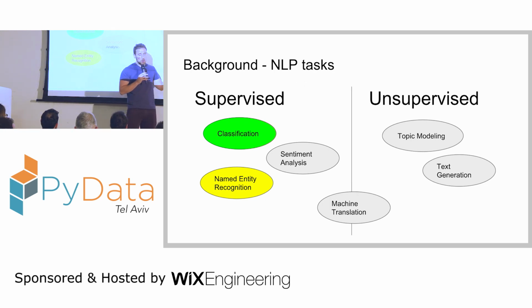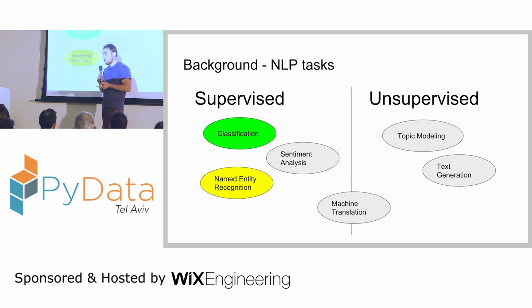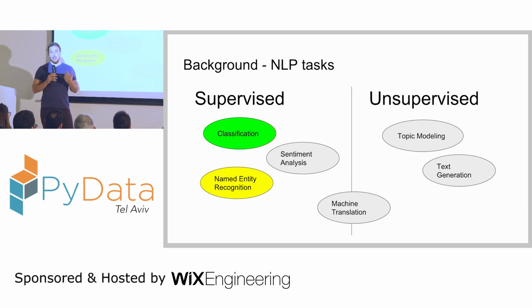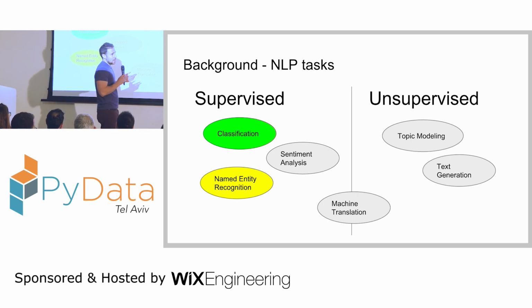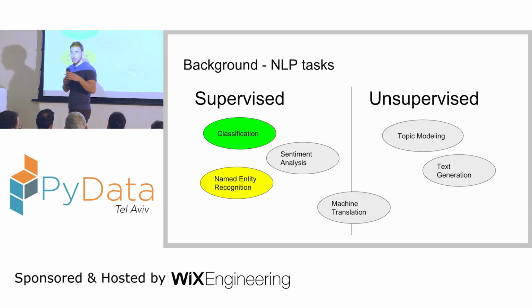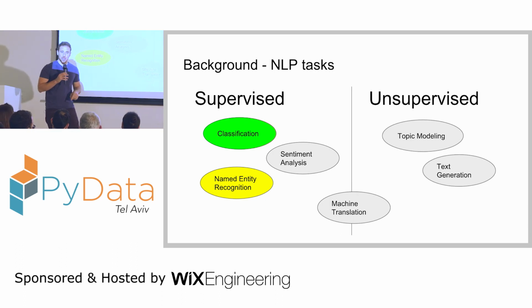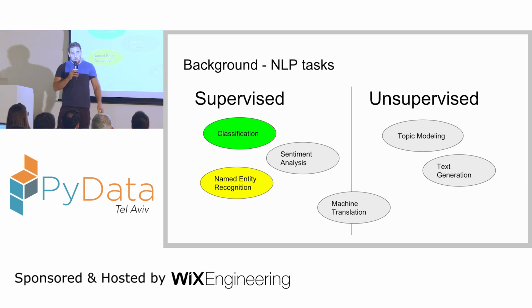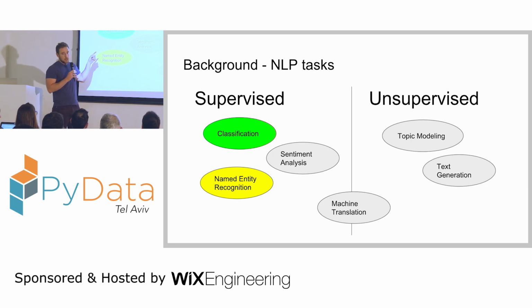Another pretty common unsupervised task is text generation. I have a chatbot and I want to generate an answer. Has anyone heard about the GPT-2 fiasco, generating fake news? Fake news is another example of text generation. We will be focusing on supervised learning.